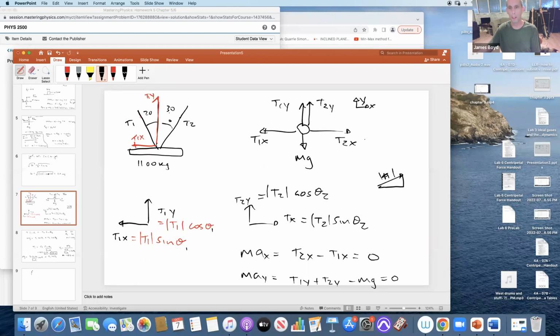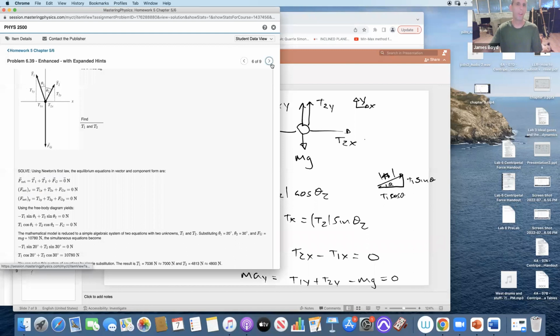So this would be T1 sine of our angle, and this would be T1 cos of our angle. But because this angle is actually turned 90 degrees, this becomes our T1 cos, and this becomes our T1 sine. And then just don't mess it up when you put them in here.